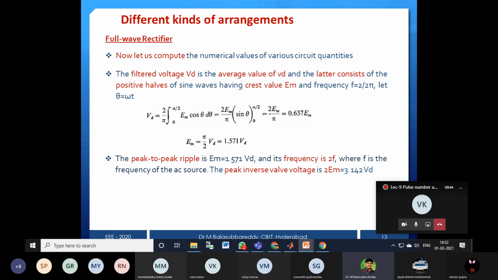That is the inverse voltage. In a midpoint full wave rectifier, upper half is Vm, lower half is Vm, totally 2 Vm is going to connect. You can see the peak inverse voltage is 2 Vm in case of a midpoint converter.